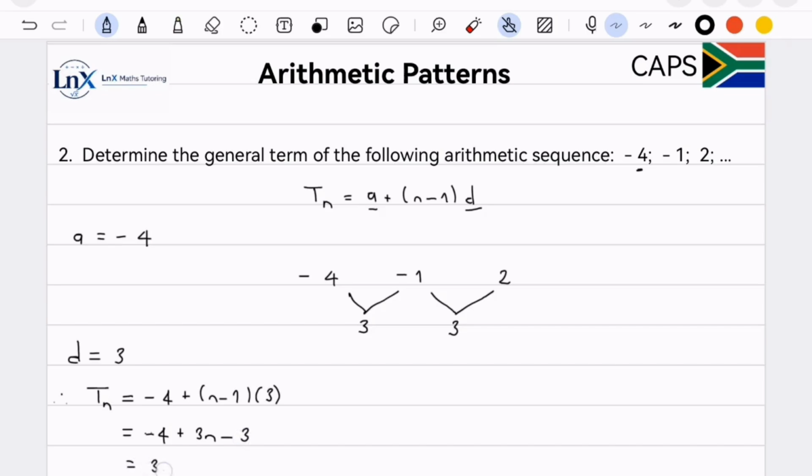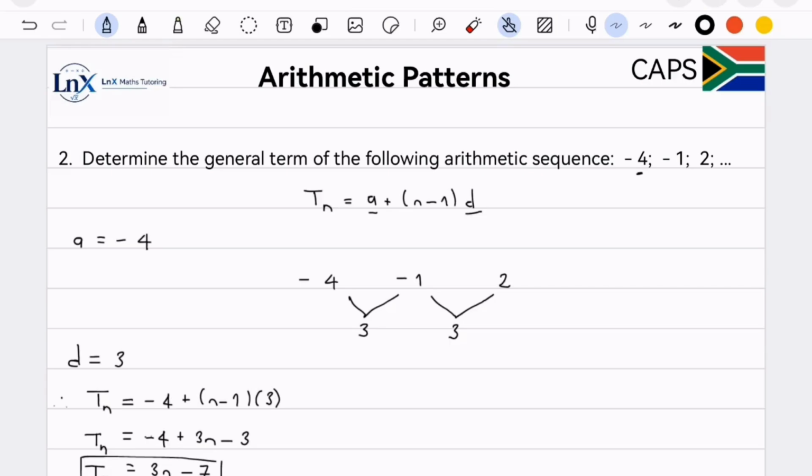So we're going to have 3n, then -4 minus 3 is going to give us -7. So here is our general term in simplified form. Tn equals 3n minus 7.